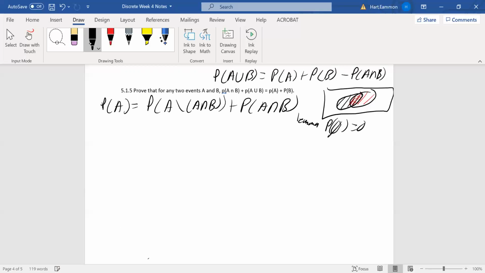I'm going to prove that right after this, but I'm going to use it right now. The intersection of these is empty, so I can use axiom 3 to add them up.